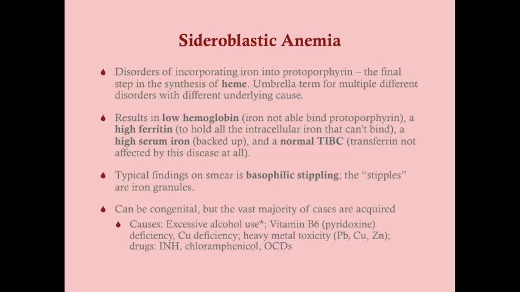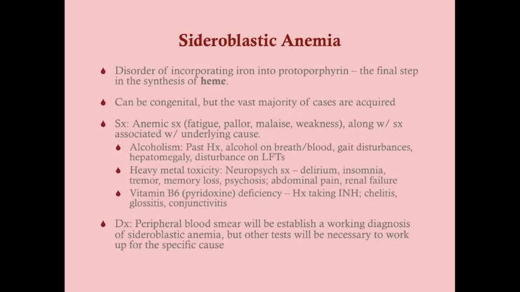If they have anemic symptoms and they're an alcoholic, first off, you should be thinking the more common cause, which is going to be macrocytic anemia, but they can get sideroblastic anemia.